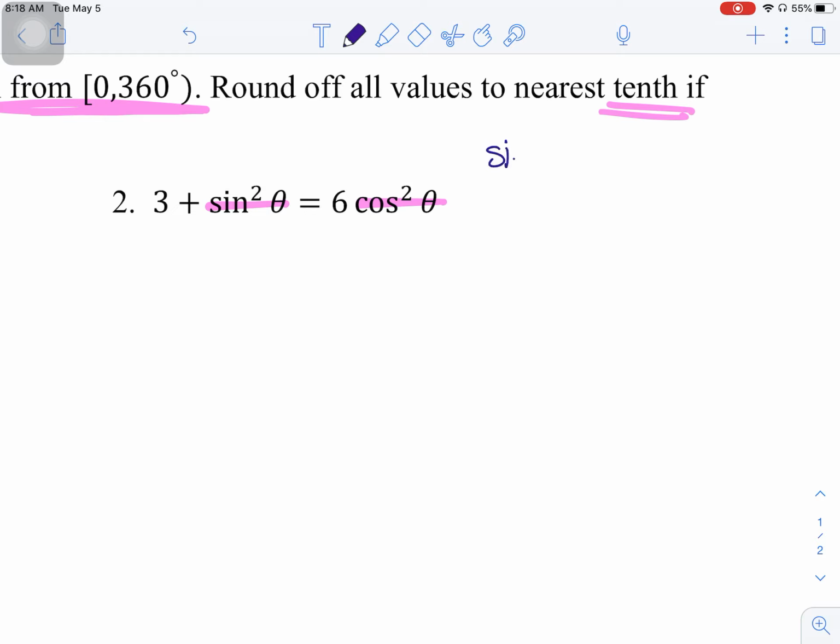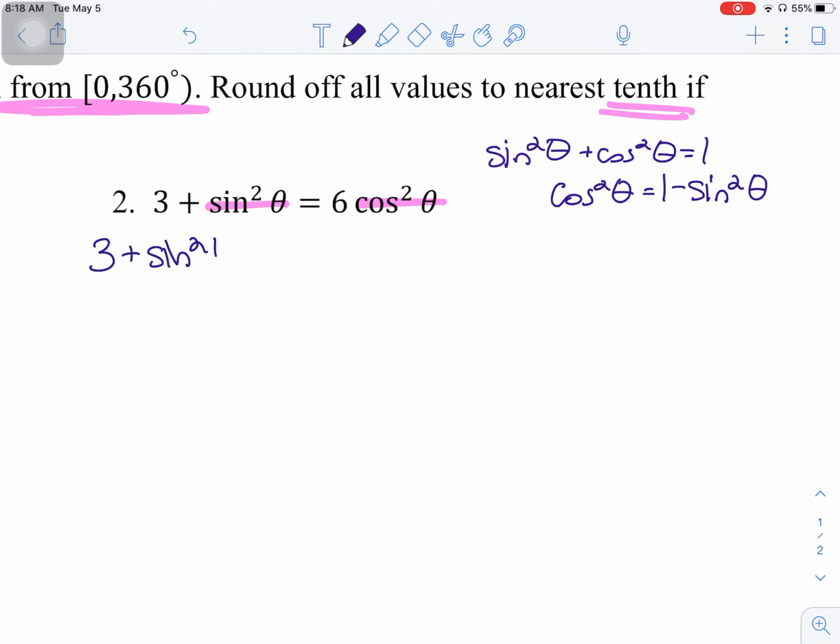So remember, sine squared theta plus cosine squared theta is equal to 1. So if I solve for cosine squared theta, let me be specific, I would get 1 minus sine squared theta. So let's see what we've got here. We have 3 plus sine squared theta is equal to 6 times 1 minus sine squared theta.